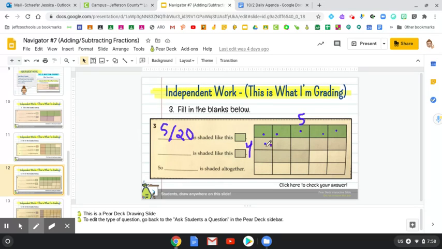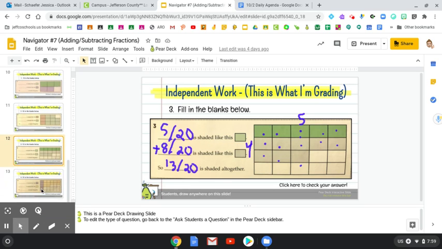In gray, 1, 2, 3, 4, 5, 6, 7, 8. 8 of the 20ths. I'm going to add my shaded parts together. 8 plus 5 more would make 13. They are still 20ths. They didn't become smaller or bigger. They're still 20ths. 13 20ths.